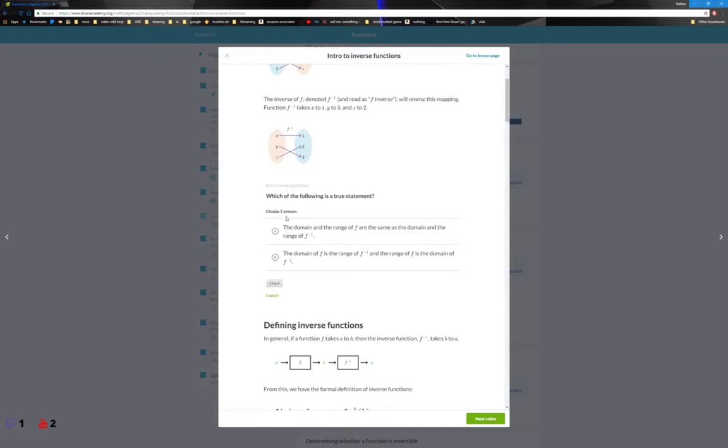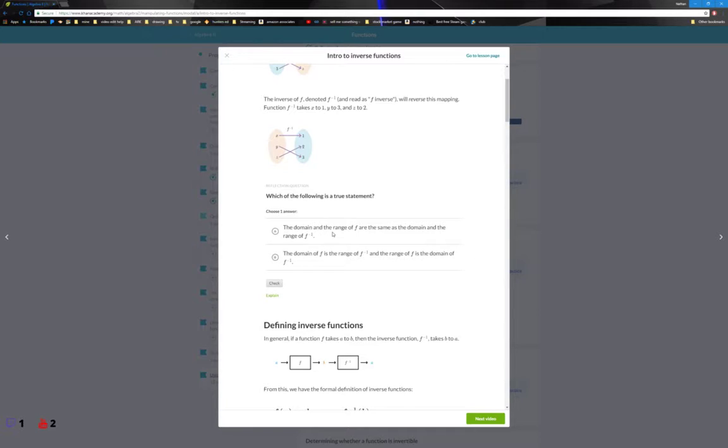Which of the following is a true statement? The domain and range of f are the same as the domain and range of f inverse. The domain of f is the range of f inverse, and the range of f is the domain of f inverse.